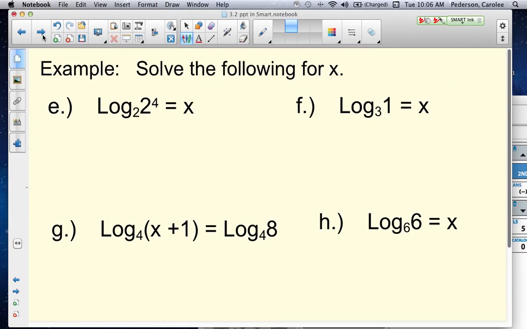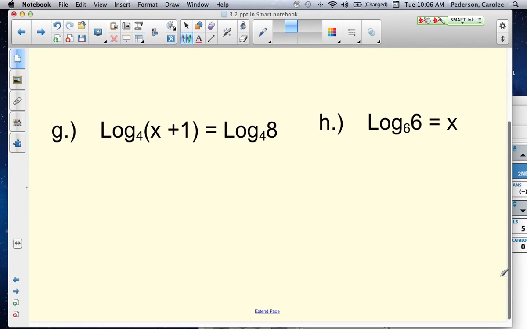E and F, we've already kind of done. I want to go down to question G, and this will be our last one we'll do. What property do I use to solve this one for x? 1 to 1.